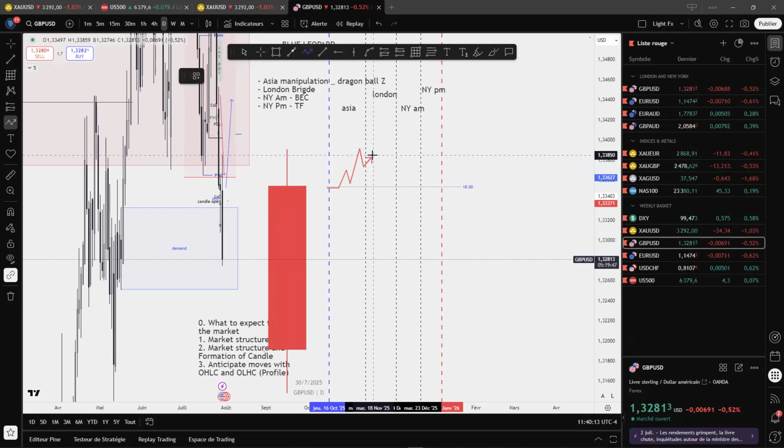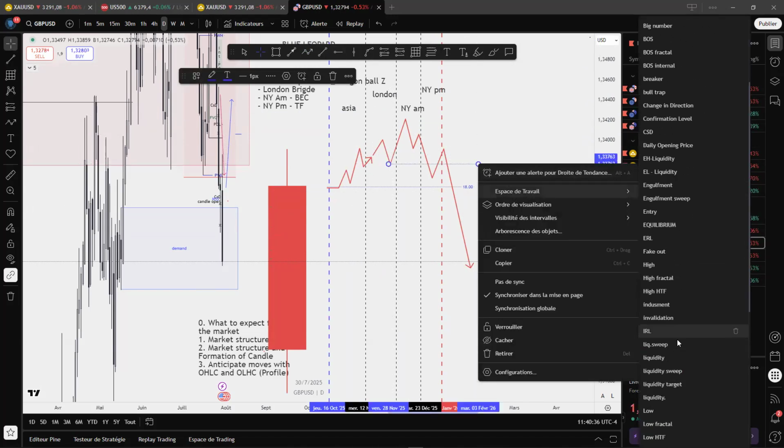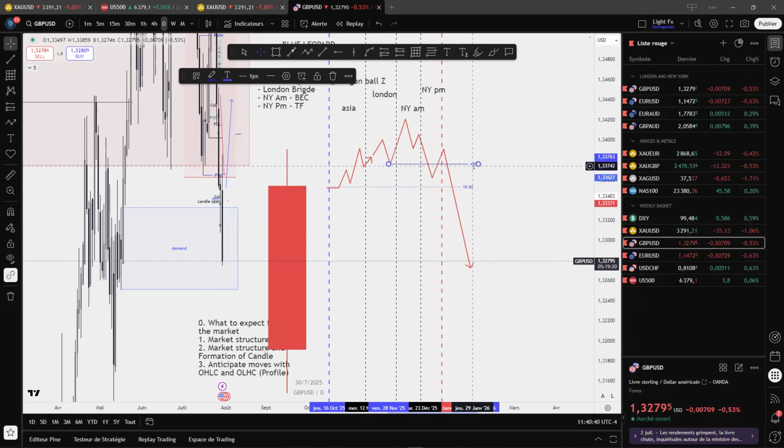Then the day continues, the news give you something, and then price drops until you have a break of that level. You don't have a manipulation yet. So the manipulation occurs after the market structure shift. We are going to stay with that name.